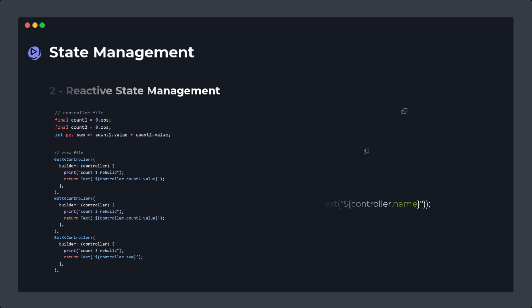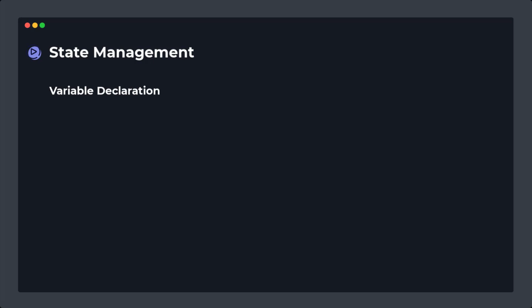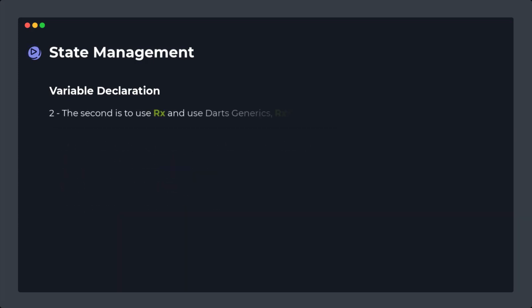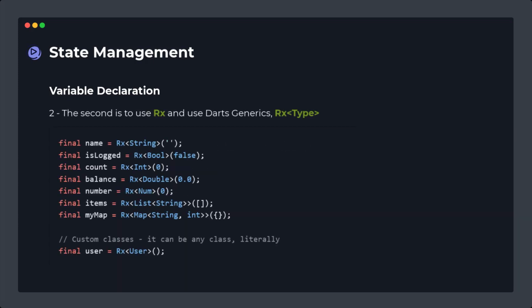Then we can declare these variables in different ways. The first one is using Rx with the type. You can see we have RxString, RxBool, RxInt, and the list goes on. The second way is that we can declare these using Dart generics, or you can say the angular brackets. We first write Rx, then we define the type. By using this type, we can easily declare our own classes as observable classes.